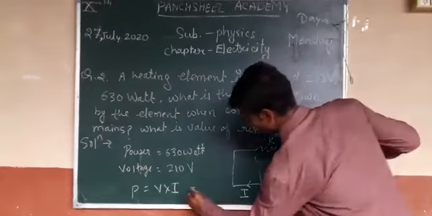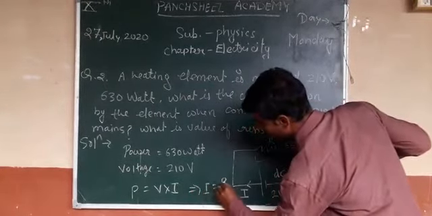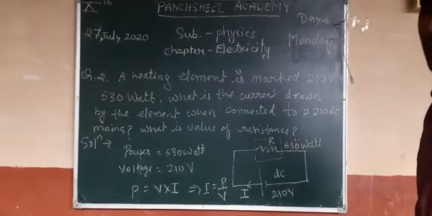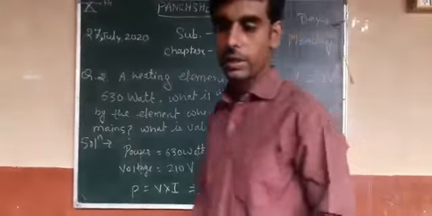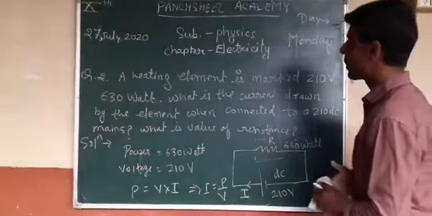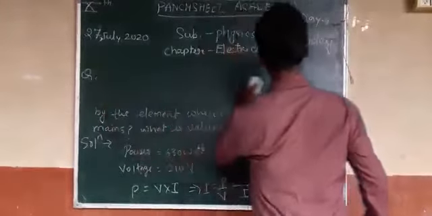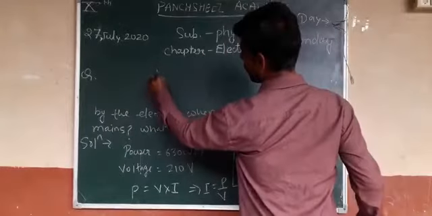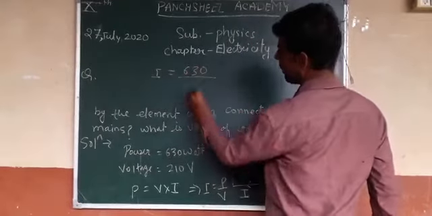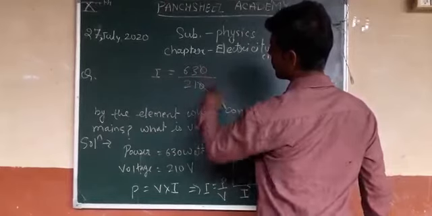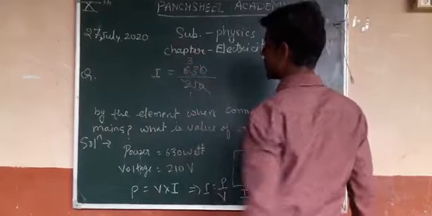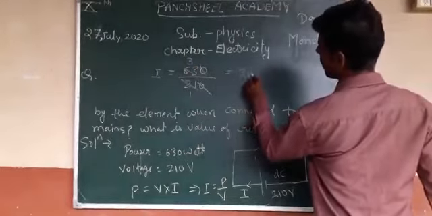So I equals P upon V. Put the values: I equals 630 upon 210. So 0 and 0 cancel, 21 cancels 3 times. So the current is 3 ampere.